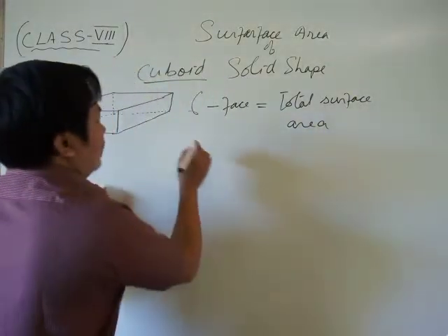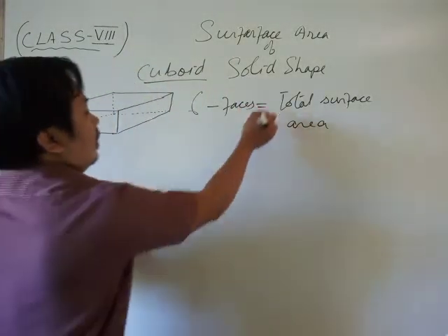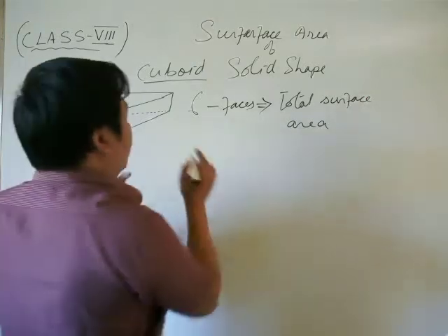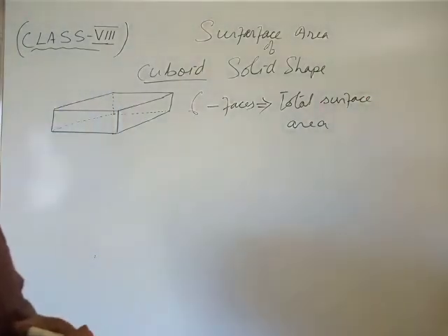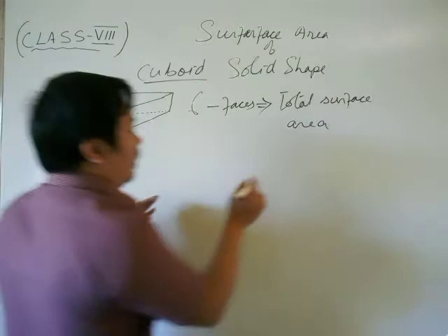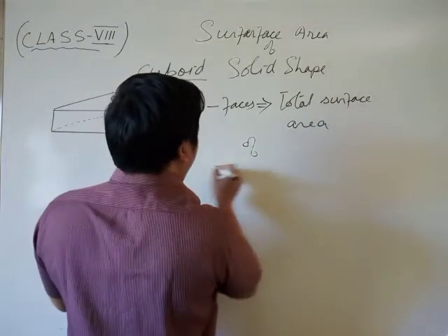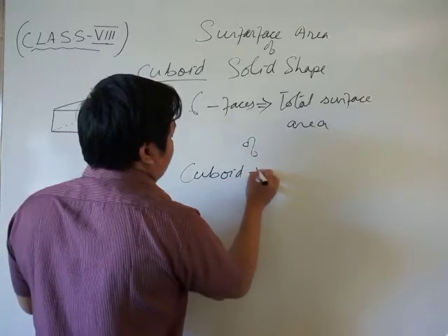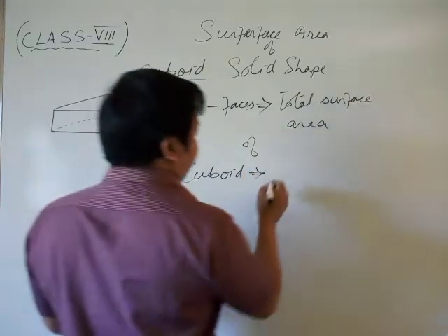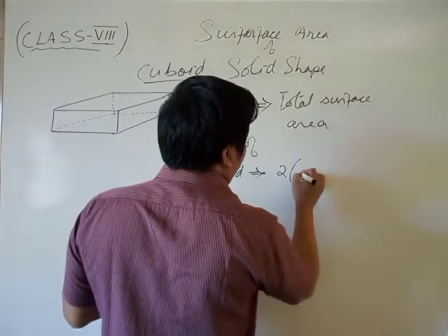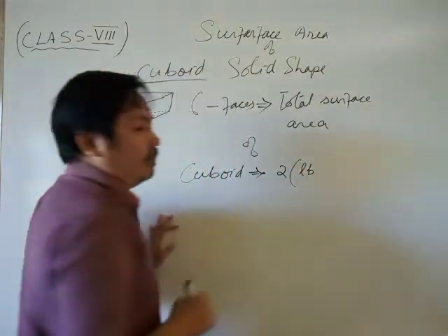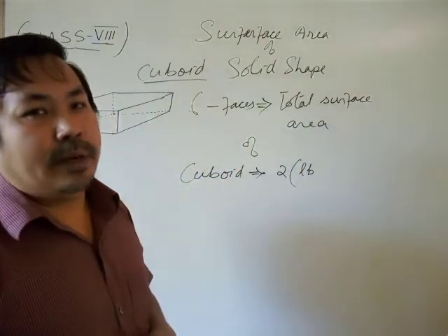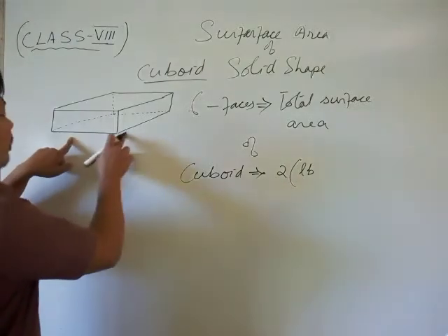If 6 faces are there, then it is total surface area, and the formula to find out the total surface area of the cuboid is 2 into LB, length into breadth.